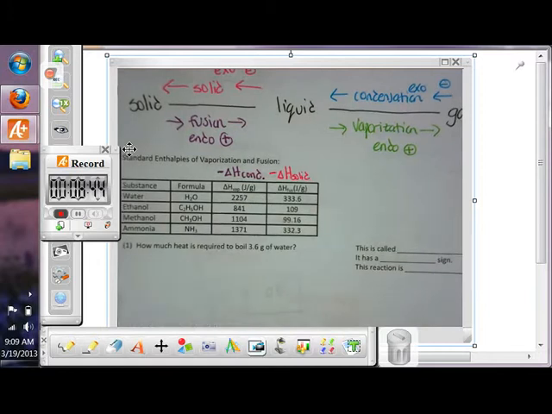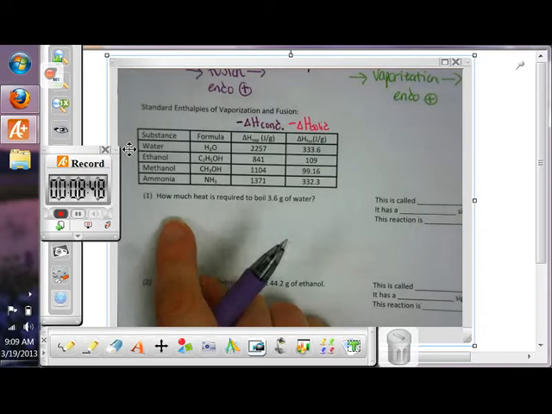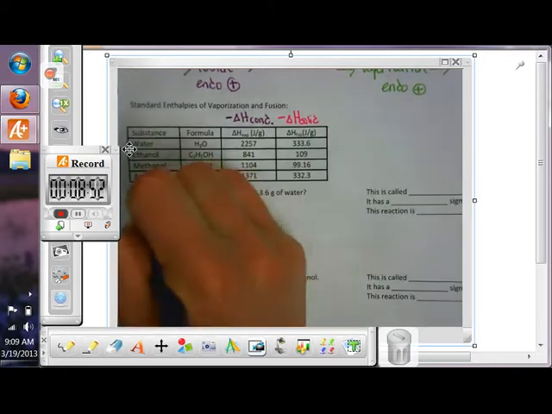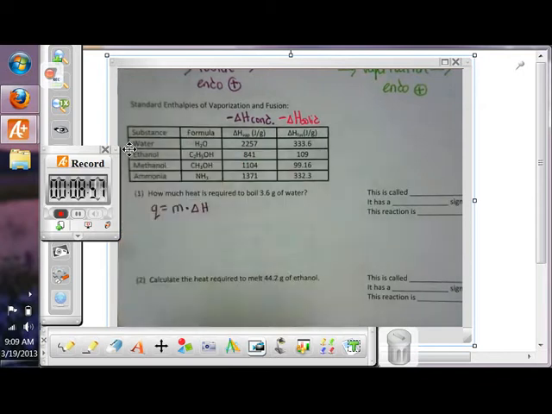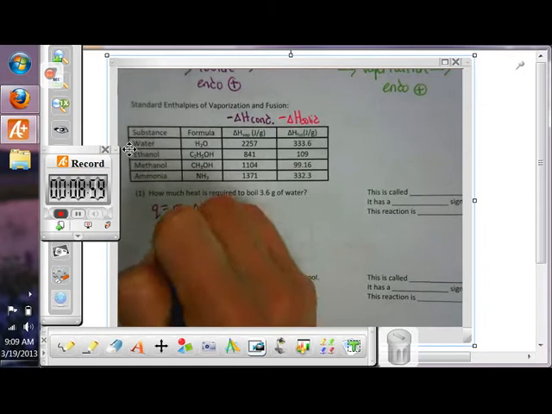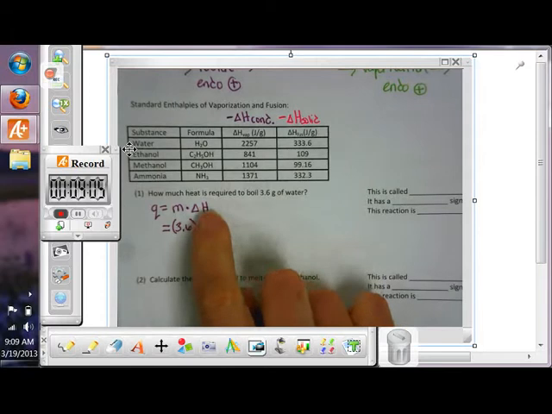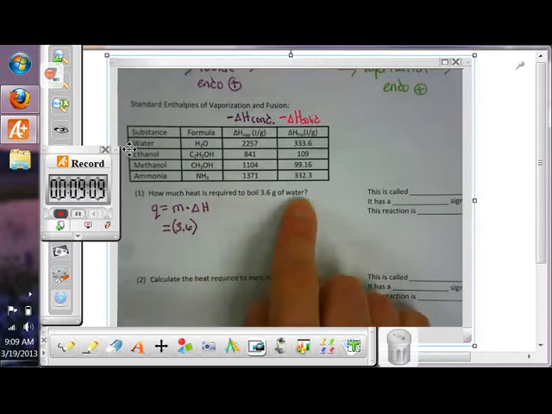So I'm going to do 2 problems. Number 1, how much heat is required to boil this many grams of water? So Q equals M times delta H, and I'm just going to plug and chug. They give you the mass, which is 3.6. Now, in this case, how much heat is required to boil water?